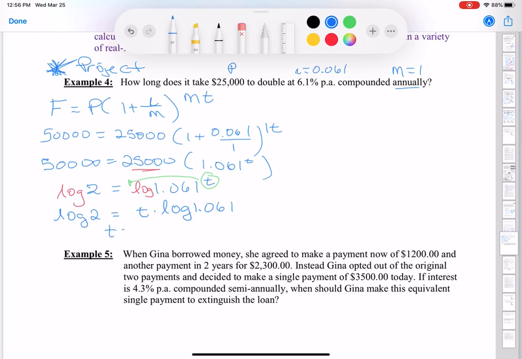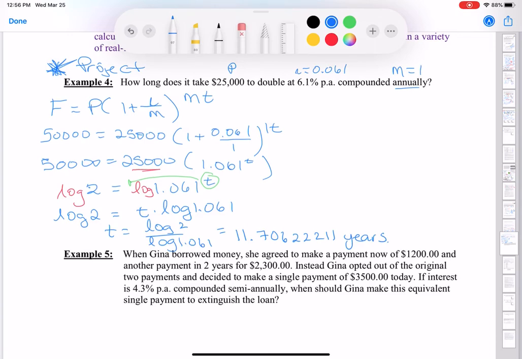And then we will solve for time by dividing both sides by the log of 1.061. And what do we get? We get 11.706222211 years. All right, this is the exact answer.